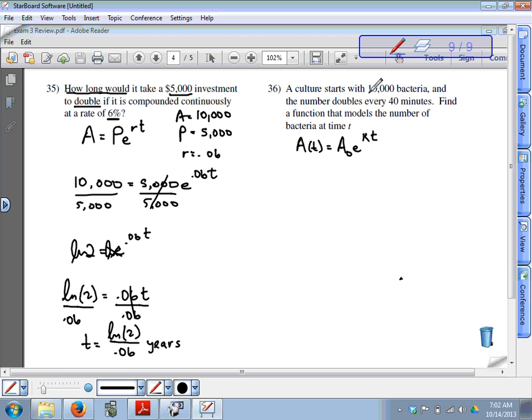Now we've been given an initial count a sub 0, but we haven't been given the growth factor. We need to first solve for the growth factor to find k.